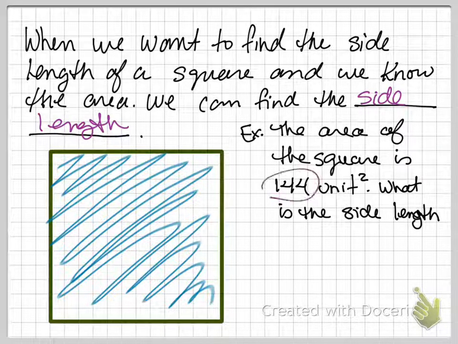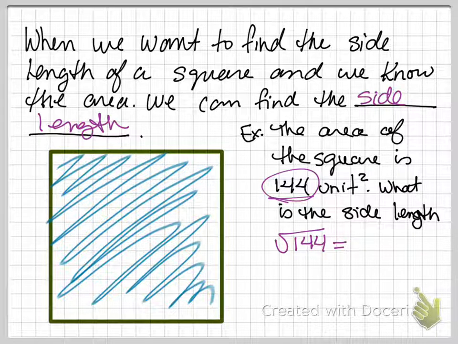So if the area of the square is 144 units squared, we can find the square root of 144 in order to determine what that side length is. So for the square root of 144, I'm going to ask myself, what two numbers do I need to multiply together that are the same number that give me 144?